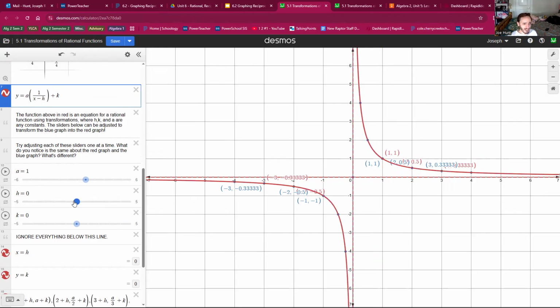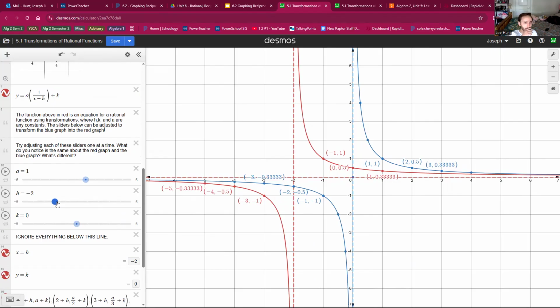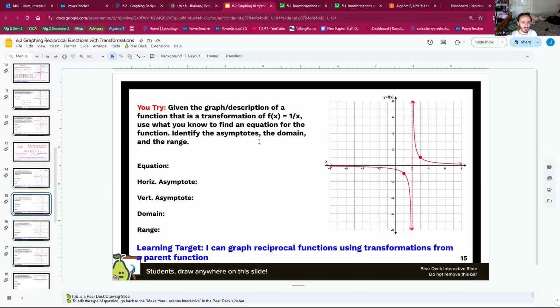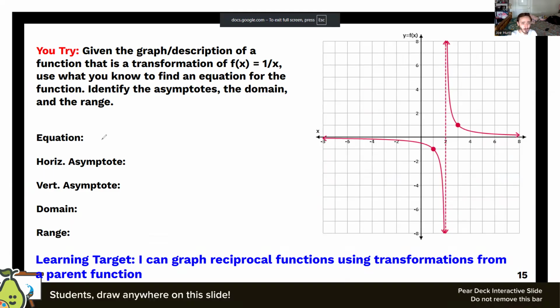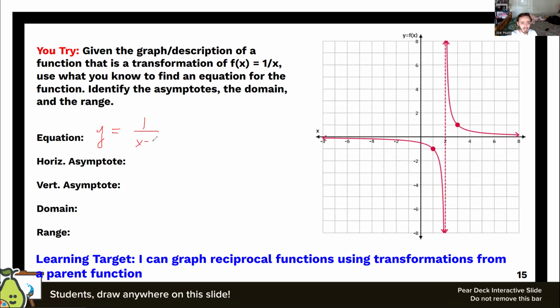If I let h be negative 2, which would shift my graph left 2 units, x minus negative 2 would look like I was doing x plus 2, which is actually left instead of right 2 units. So you'll notice here that if we make use of that template, shifting left or right is going to be the opposite of what it appears to be. So if I want this guy to shift right 2 units, and I'm writing an equation for it, I'm going to have to make it look like it's going left. I'm going to have to write x minus 2 to get that to occur properly. And that one always gets students. That one's kind of tricky compared to what we've seen in the past.